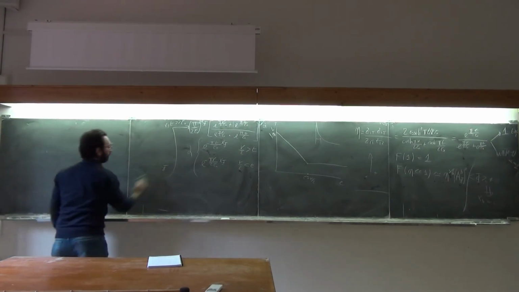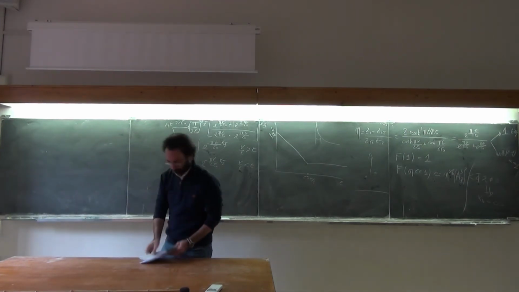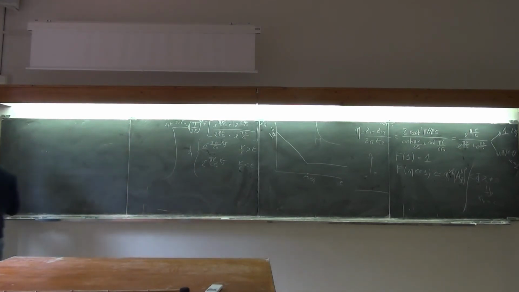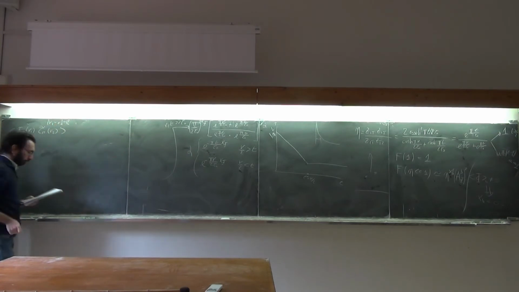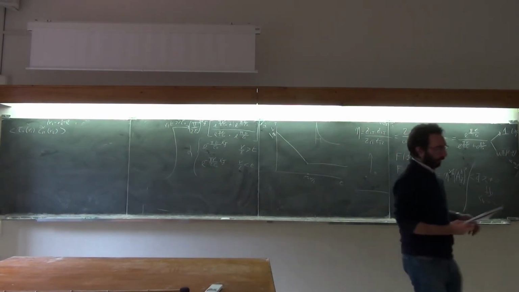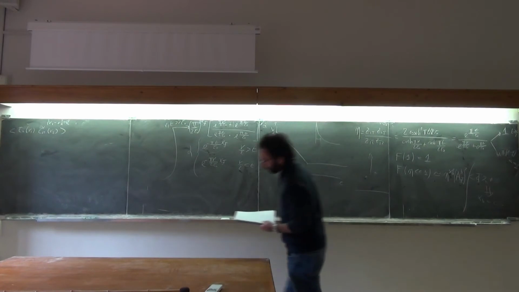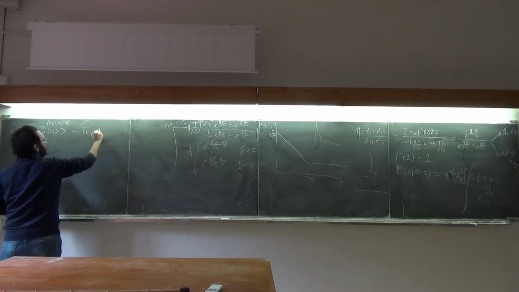I won't erase that formula because we use it. So the 2-point function of twist fields between two points R1 and R2, with distance R1 minus R2 equal to L, just to conform to the notation of before, this object is just the trace of rho A to the n.